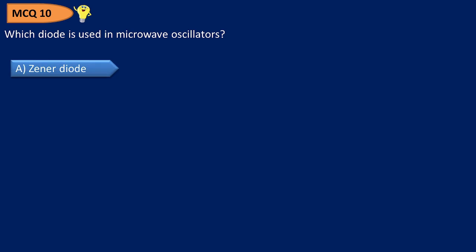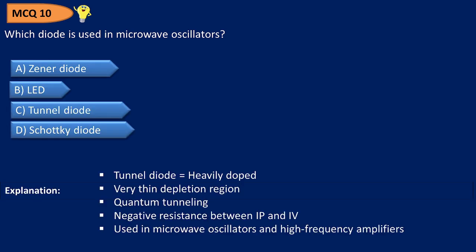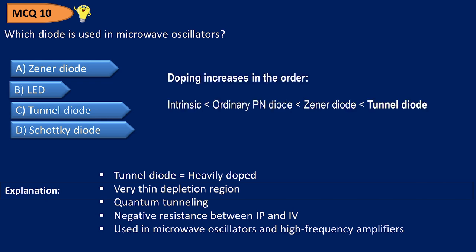The last MCQ: which diode is used in a microwave oscillator? Zener, LED, tunnel diode, or Schottky diode. A tunnel diode is heavily doped, so its depletion region is very thin. Its phenomenon is quantum tunneling, and it works in the negative resistance region between IP and IV, that means from the peak point to the valley point.